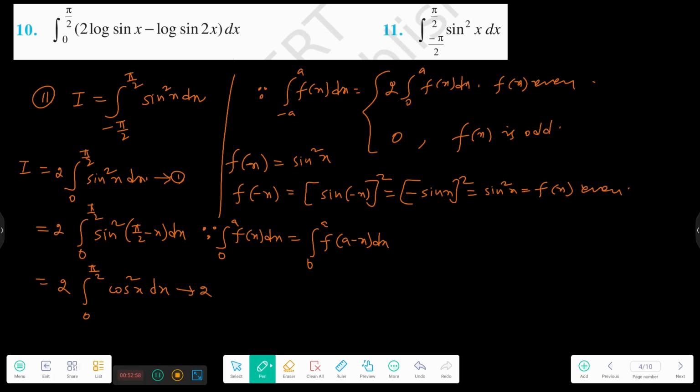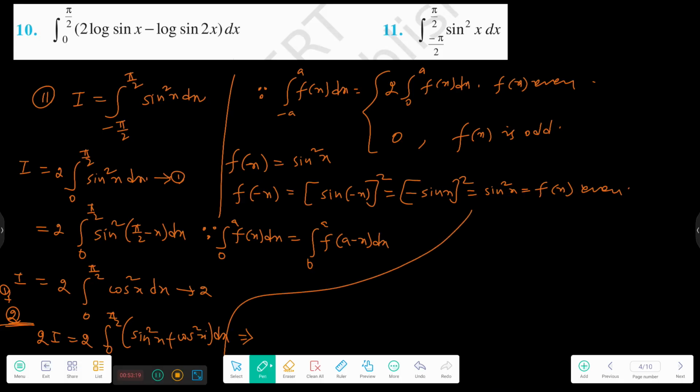This is answer number 2. Add 1 and 2. When you add 1 plus 2, what am I getting? 2 times I is equal to 2 is common, integral 0 to pi by 2 sine square x plus cos square x into dx. Sine square x plus cos square x, what do you know? Yeah, 1.